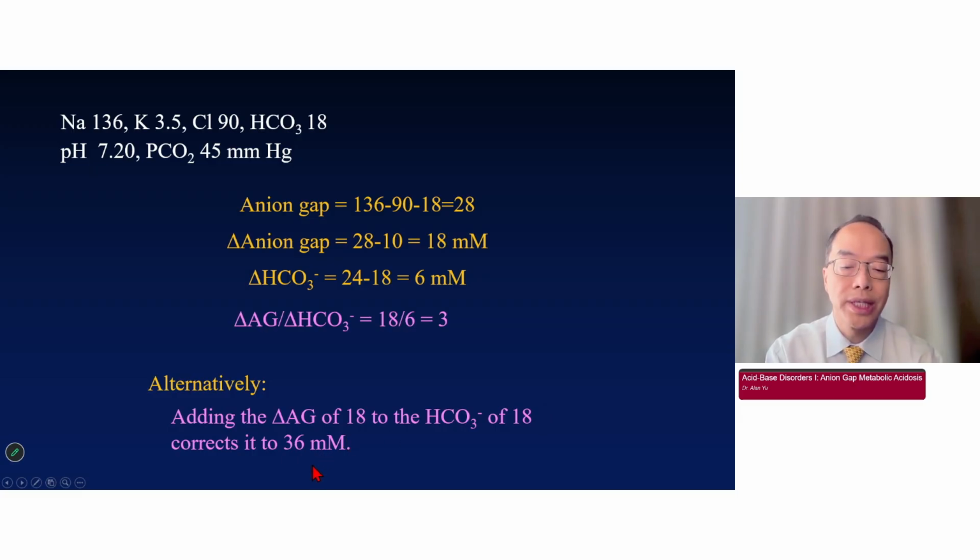And what that's really telling you is that if you were to correct the anion gap metabolic acidosis portion of this, what would the bicarbonate end up being? And the bicarbonate would end up being 36, which is elevated. In other words, it's telling you there would also be a metabolic alkalosis. And that's a perfectly legitimate way of calculating it as well, if you find that easier or quicker.